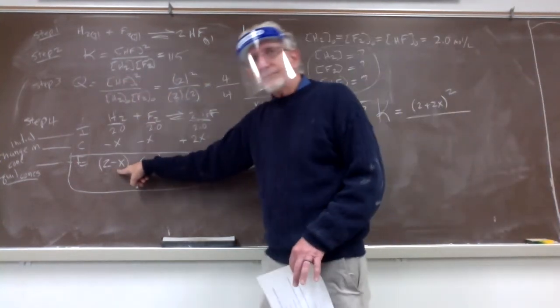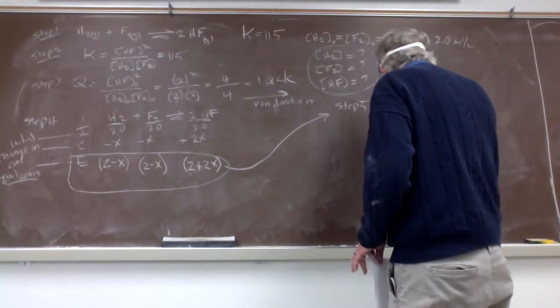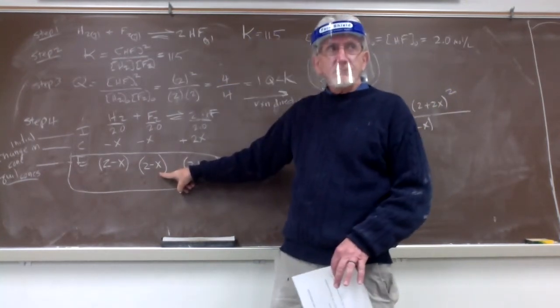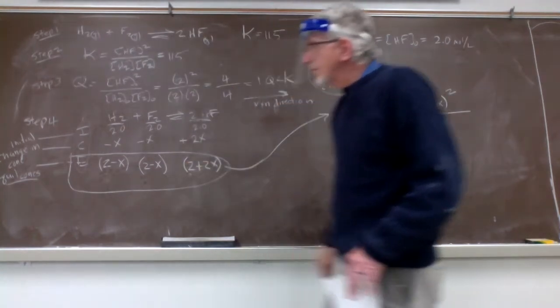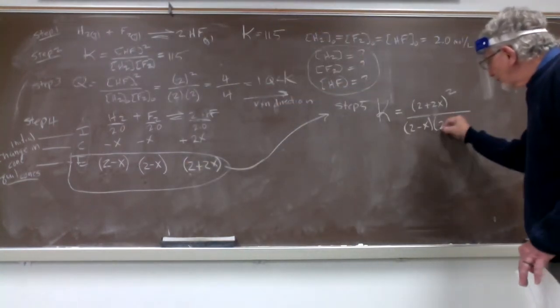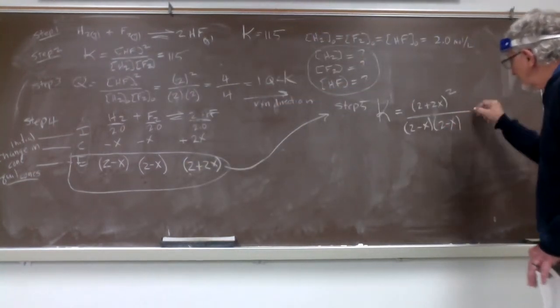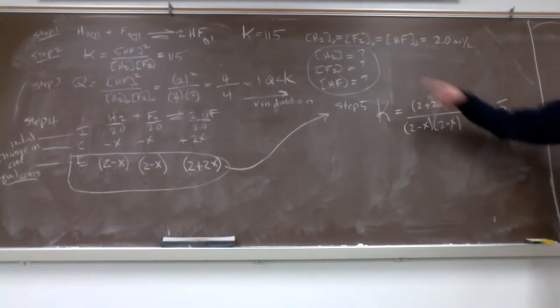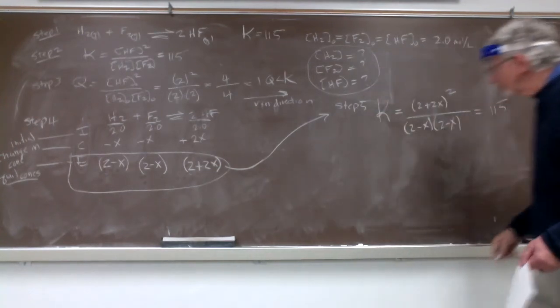Look at our table, that's 2 minus X. And divide through by the concentration of F2, the fluorine molecule, and that's also 2 minus X. And what must that ratio be equal to? So we have one equation with one unknown, X. Now you do a little algebra, and we'll find X, and we can determine each of these concentrations.